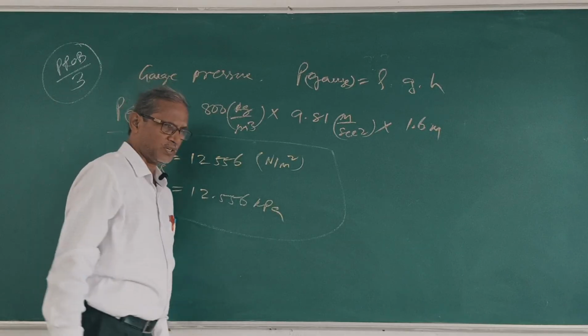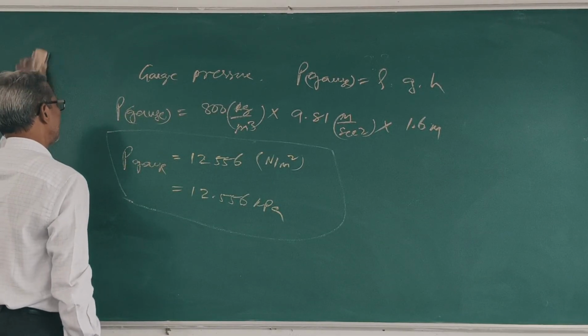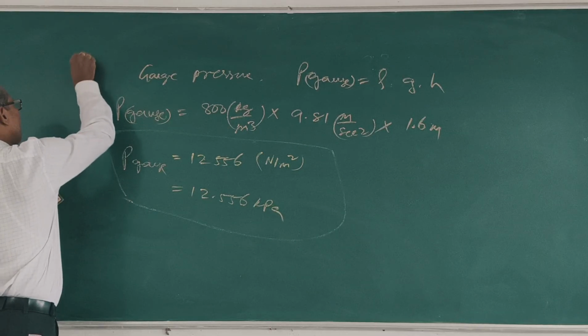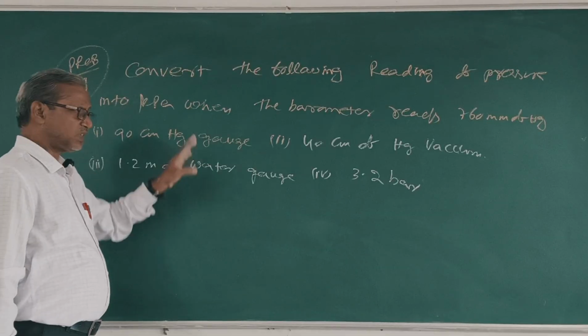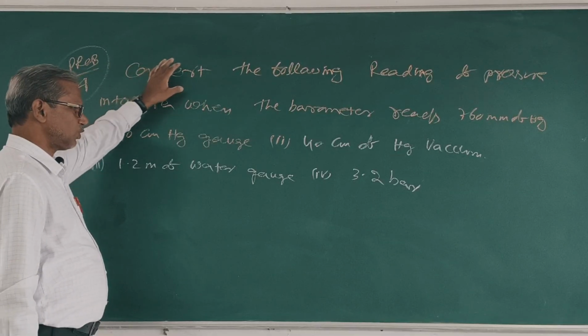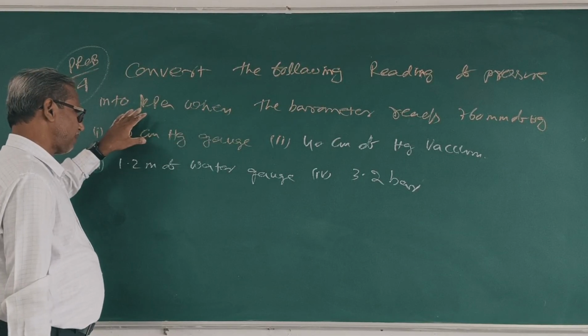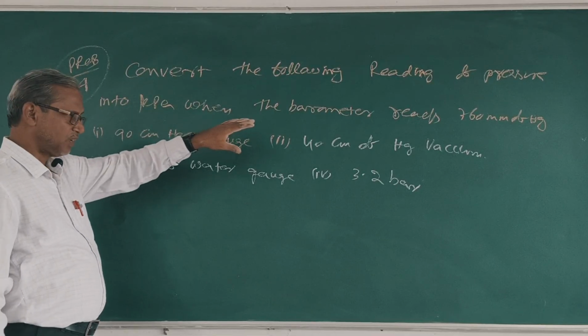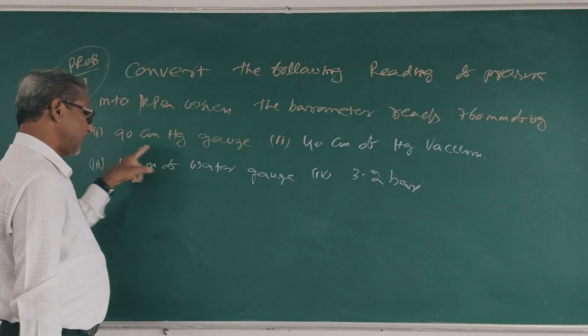Next question, number 4. This is question number 4. The question is, convert the following readings of pressure into kilopascal when the barometer reads 760 mm of Hg.